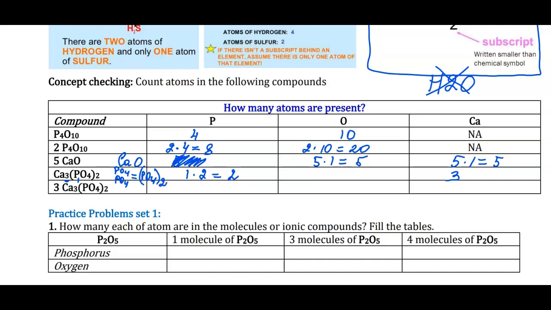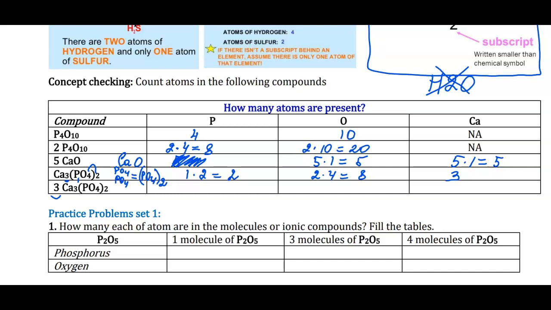So you can see that there are 2 phosphorus here. How many oxygen? In this way, you can see clearly that 4 and 4 gives us 8, right? Or we can do 2 times 4, 8 oxygen here. So you just need to multiply these subscripts. And the additional coefficient 3 in front triples all amounts of atoms here.